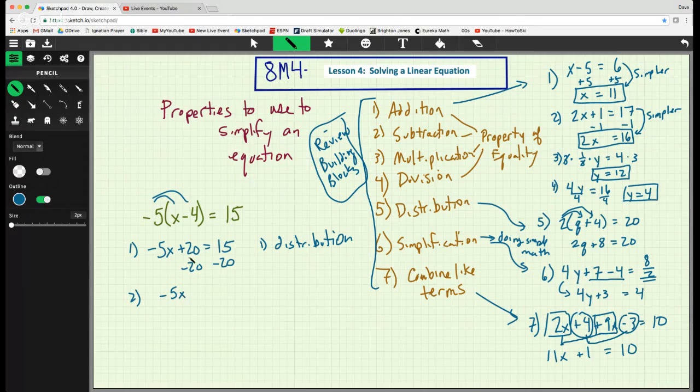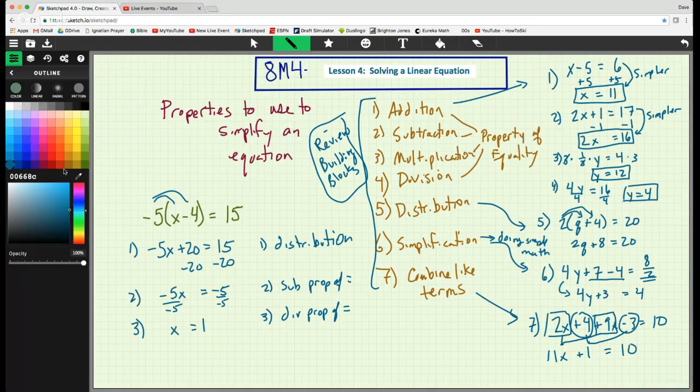Negative 5x plus 20 minus 20 is 0, equals 15 minus 20, which is negative 5. That is the subtraction property of equality. Now our final step, we divide by negative 5. Negative 5x divided by negative 5 is x. Negative 5 divided by negative 5 is 1.